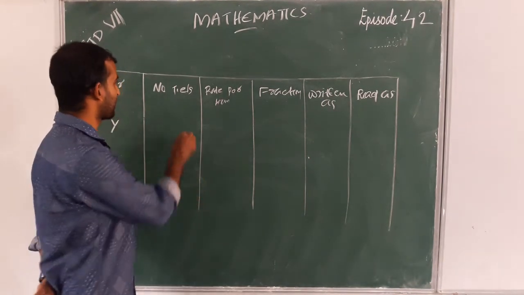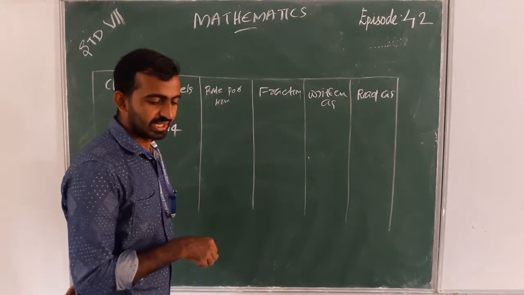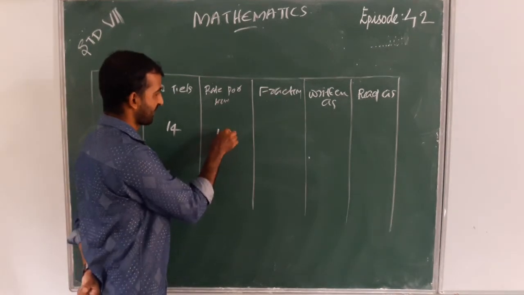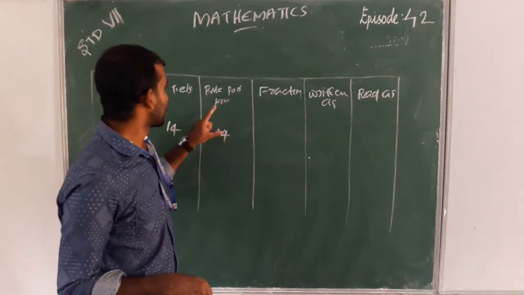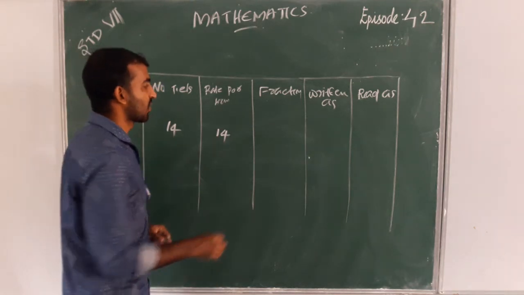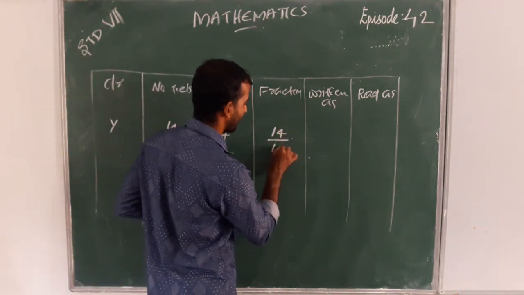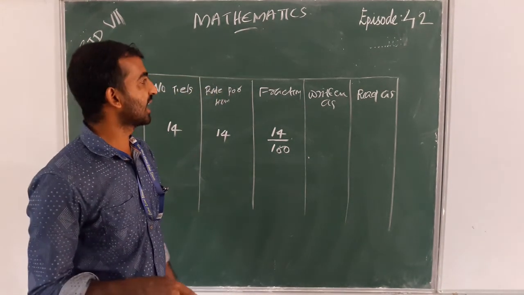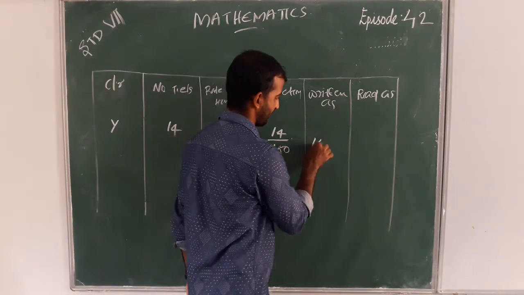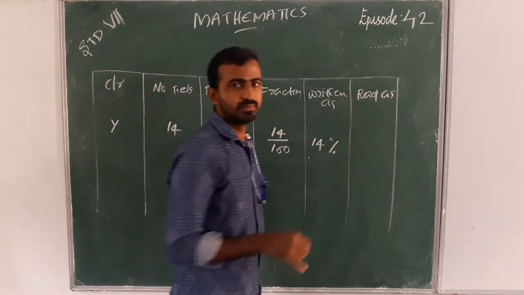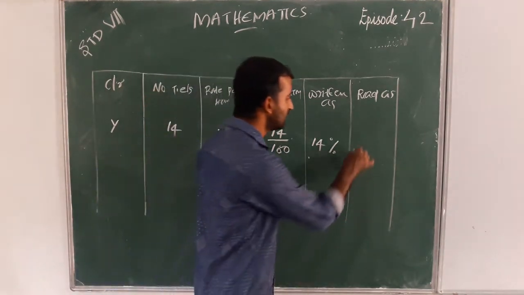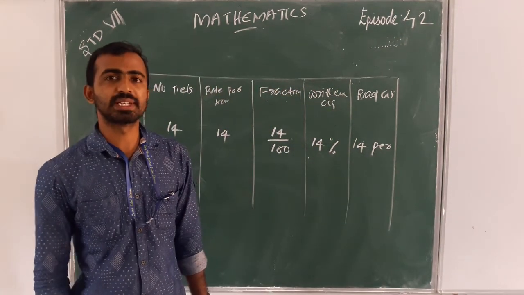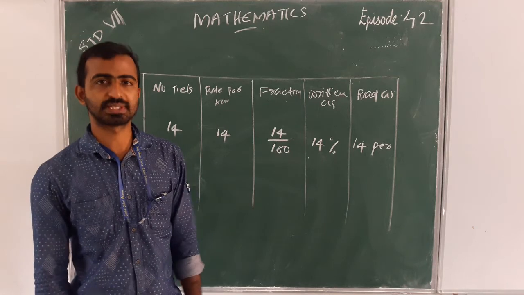First is yellow. The number of tiles is 14, and the rate per 100 is 14. So we can write the fraction 14 by 100, written as 14%, read as 14%.